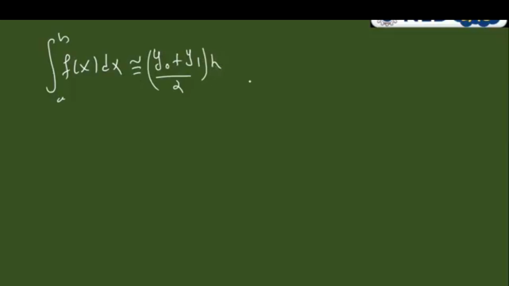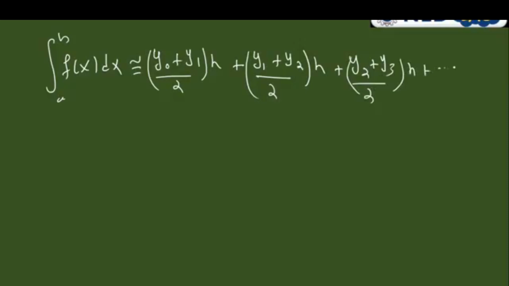This is A1. Similarly, I need to compute A2. I can do it directly. The second interval has parallel sides of length y1 and y2, divided by 2, and they are multiplied by the distance h because the spacing is equal. Similarly, the third interval, which is not shown in the diagram, would start at y2 and end at y3, so it is y2 plus y3 divided by 2 multiplied by h, and so on.